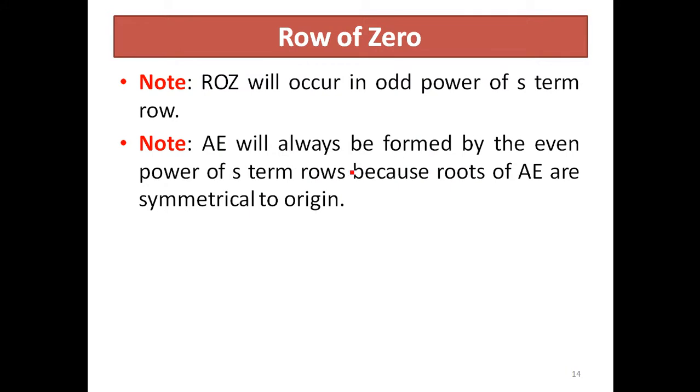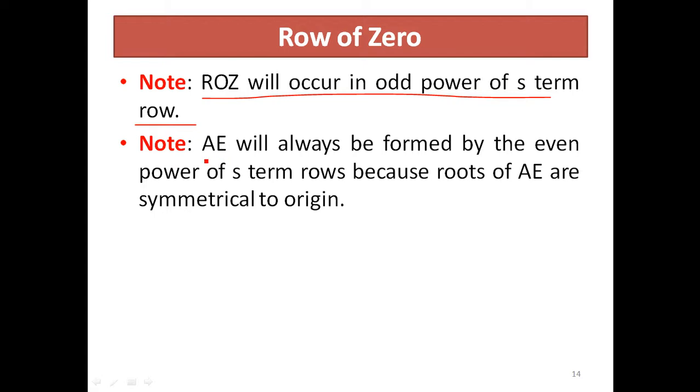Another note you can have is that ROZ will occur in odd power of S term rows. The rows with S power odd, that is S raised to 3 or S raised to 1. ROZ would always be occurring in odd powers of S rows.